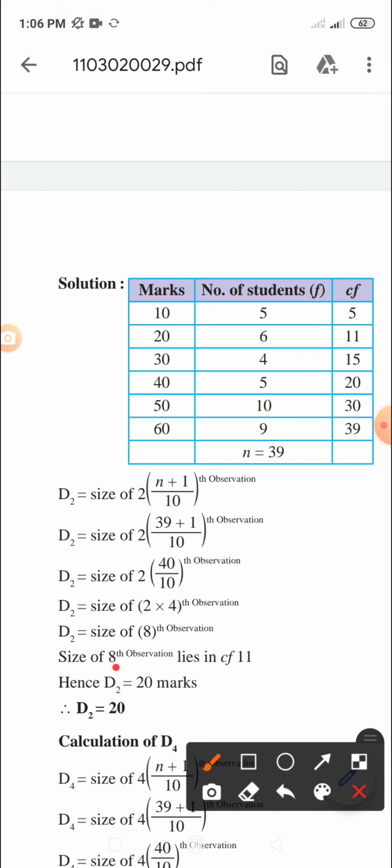The ungrouped data in front of CF 11 is 20. So our answer is D2 is equal to 20.